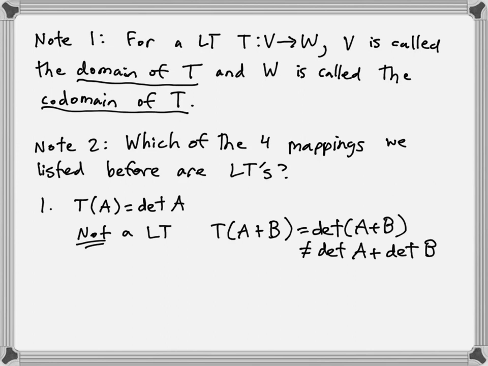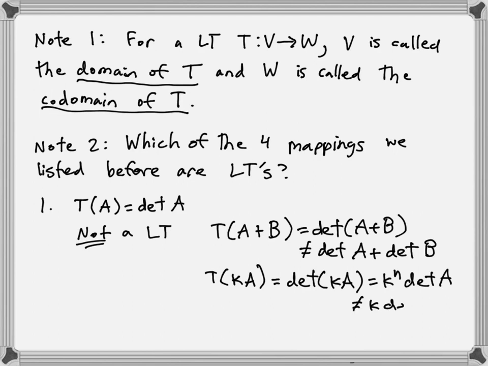So it fails property 1, and just to be complete here, it also fails property 2, because if I multiply it by a scalar, in other words, if I do the determinant of k times A, this is actually equal to k to the n times the determinant of A. We remember we learned this before with determinants. So, in other words, this is not equal to k times the determinant of A, which is k T of A. Right? So both properties fail for the map number 1 that we said.